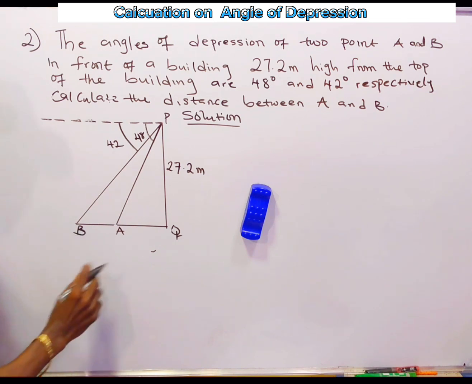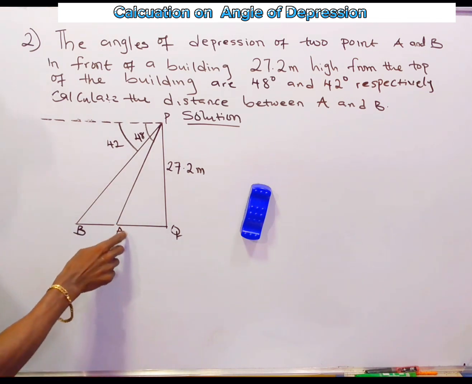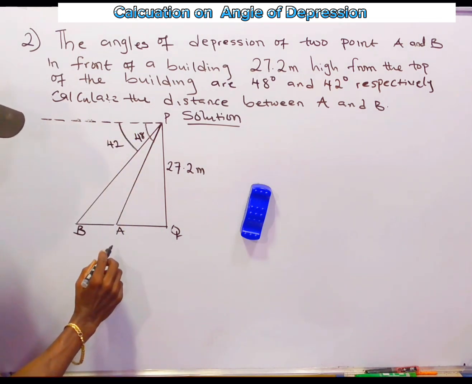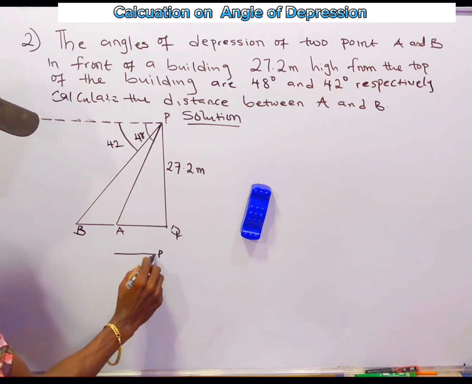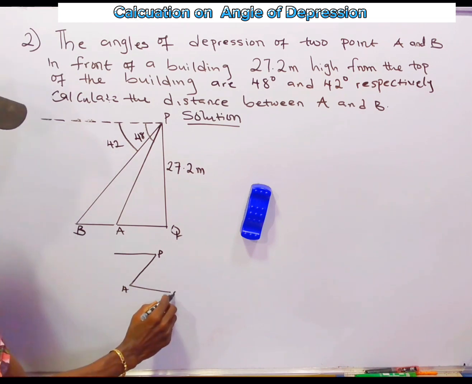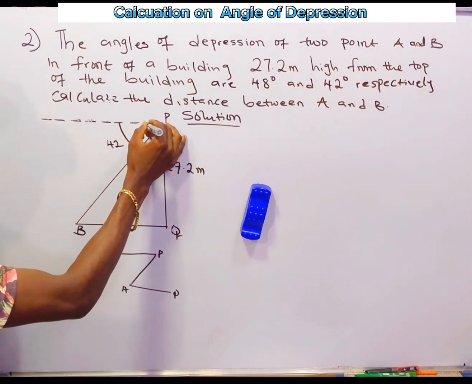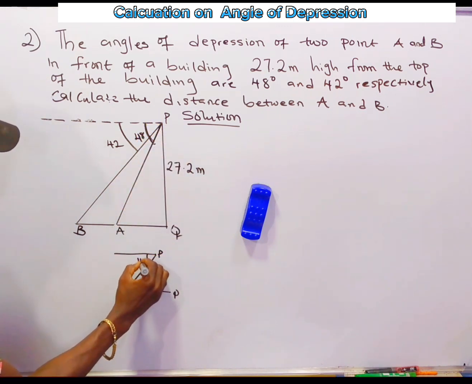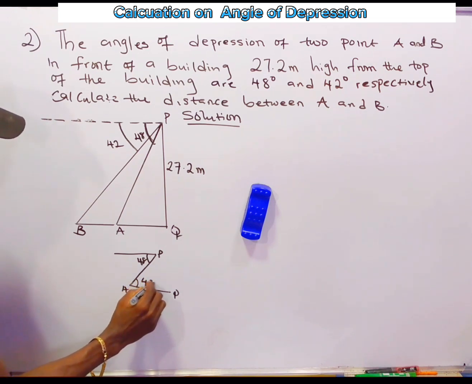Now, the angle on A is 48 degrees, which is the alternate angle of PAQ. The alternate angle formed here is 48, and the alternate angle here is also 48.